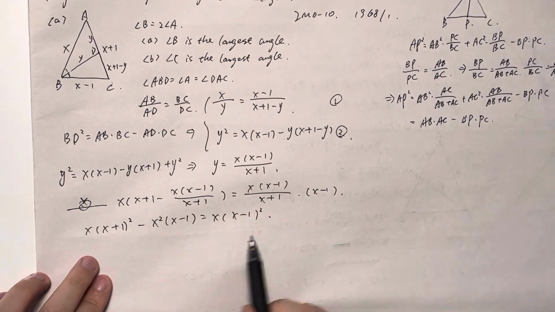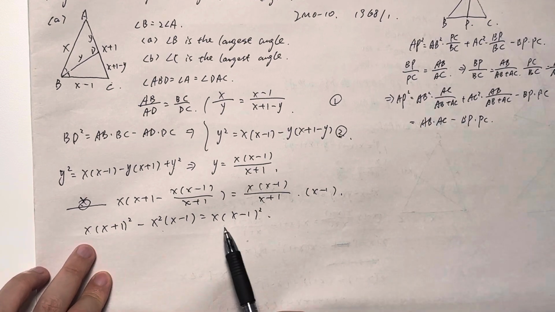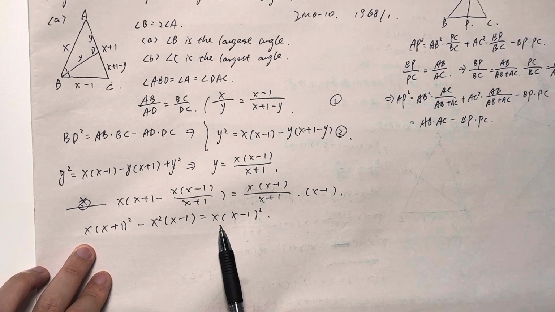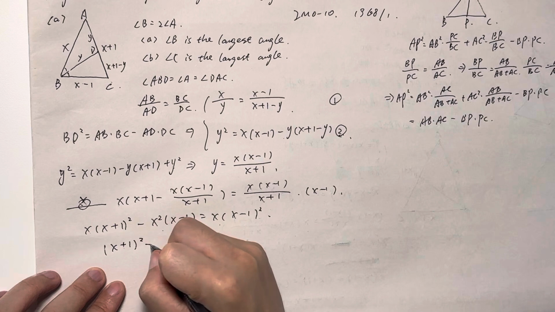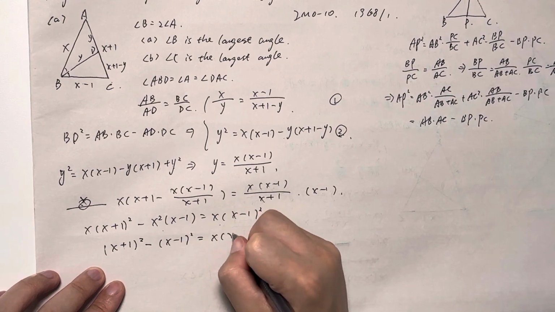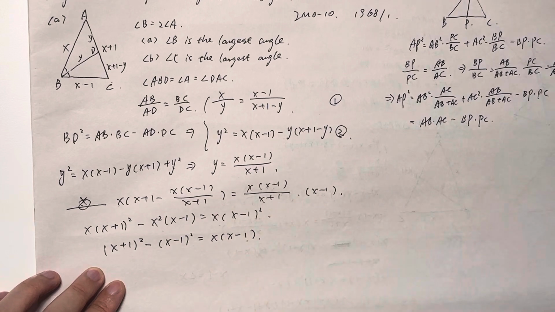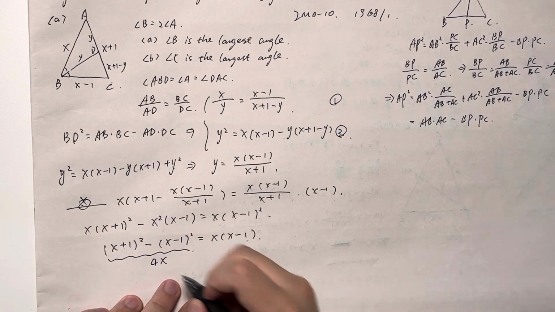We notice that we have x in all three terms, and we know that x is not 0, which means (x plus 1) squared minus (x minus 1) squared equals 2x times (x minus 1). This one, we got 4x, right?